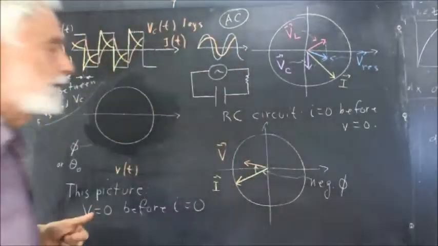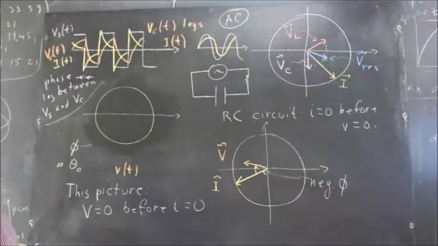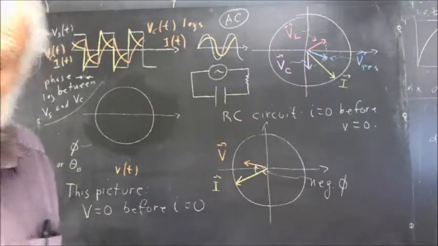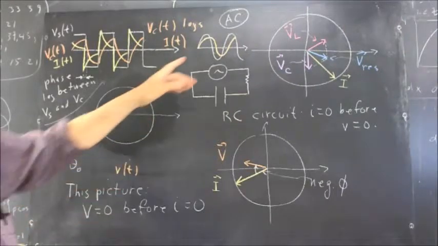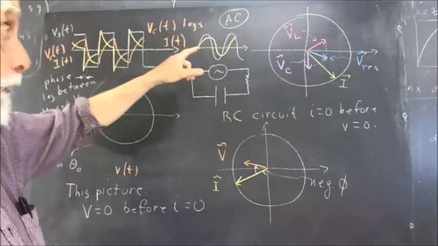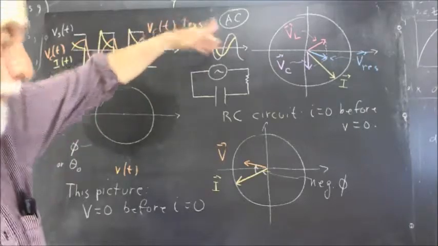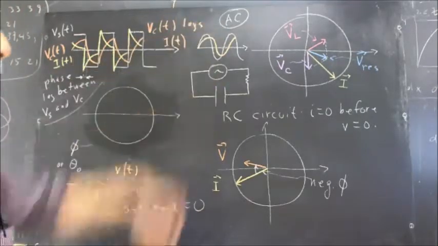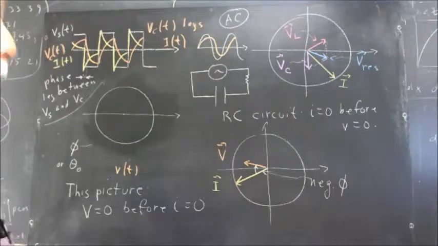That's not the difference that we're really interested in. What we're really interested in for right now is the difference between the current through the source, through the system, and the, let's say, current through the capacitor.